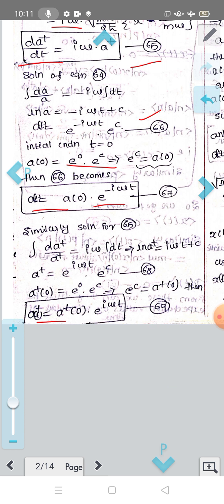From this we can see that the annihilation operator exponentially decreases with time, and the creation operator exponentially increases with time. So they are time dependent.